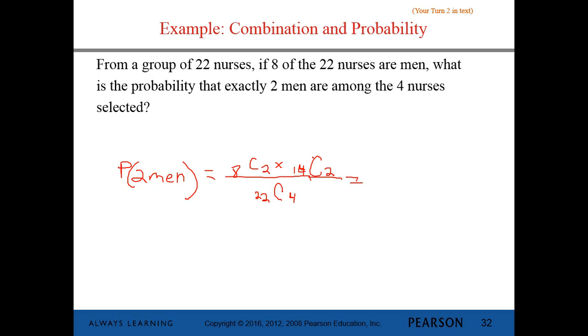We've got the total number of ways of choosing exactly 2 men out of 4, and the total number of possible ways of choosing 4 people out of 22. So all we have to do is put this in our calculator. 8 choose 2 is 28.